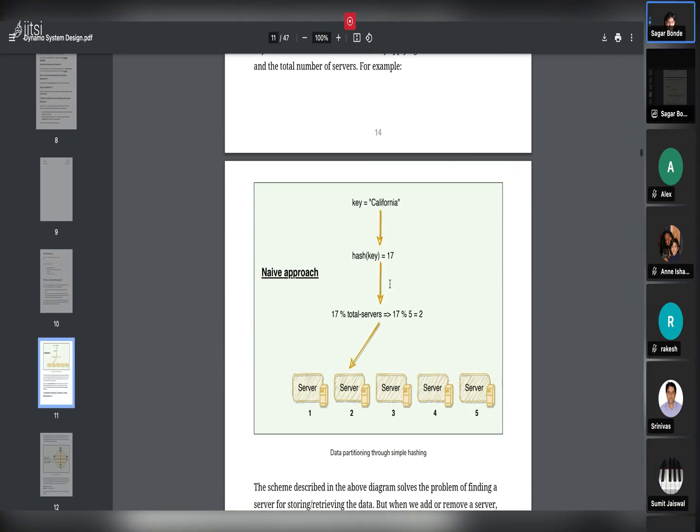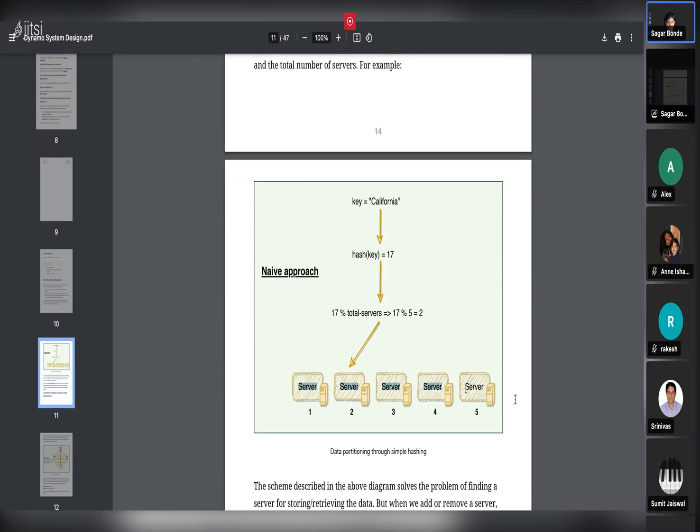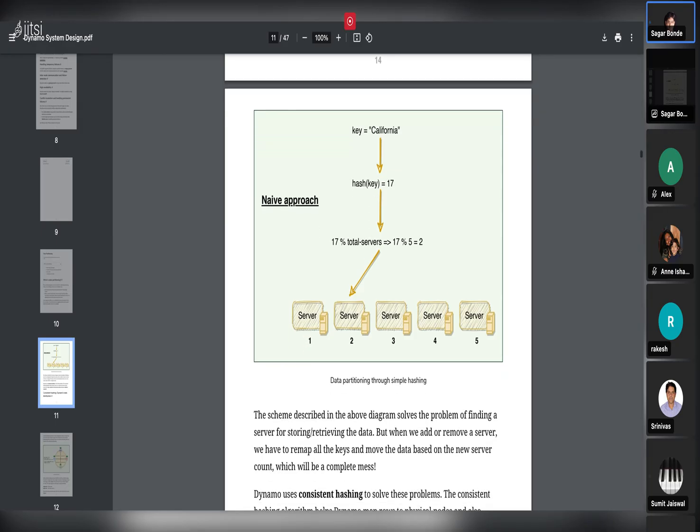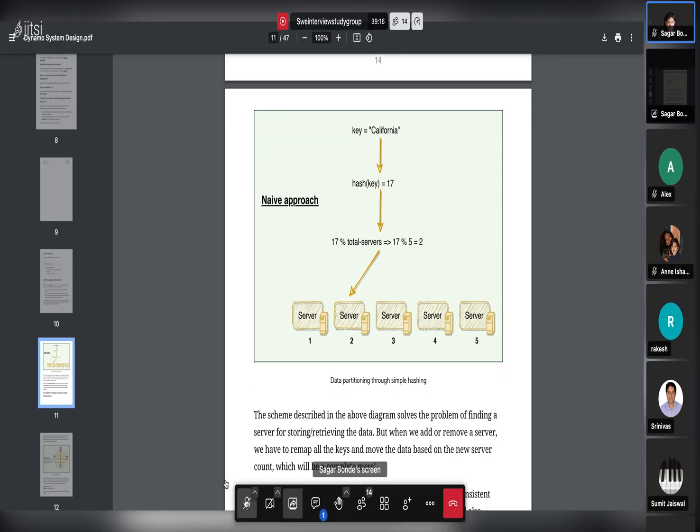Maybe to answer your question, these are not replicas. The data on each server is mutually exclusive. When the data is the exact same copy, that would be referred to as a replica and not a partition. Yes, correct.